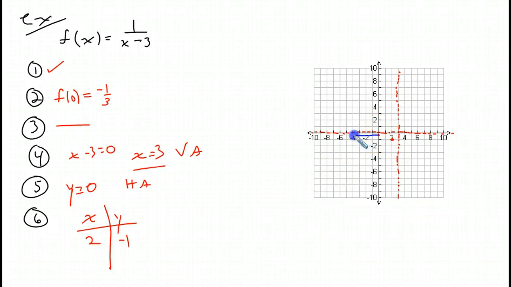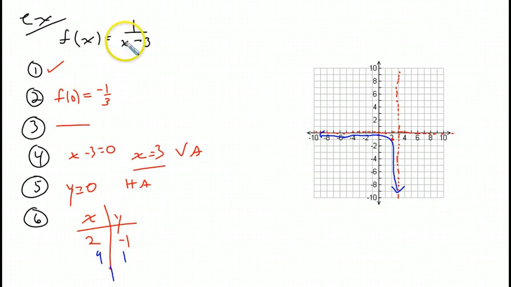And it does look like this is going to keep getting closer and closer to that asymptote as it goes. So cool, that side's done. But I don't know on this side if I'm supposed to be down here or up here, so I'm going to pick 4 and 6. If I choose 4, 1 over 4 minus 3 is 1 over 1, which is 1.